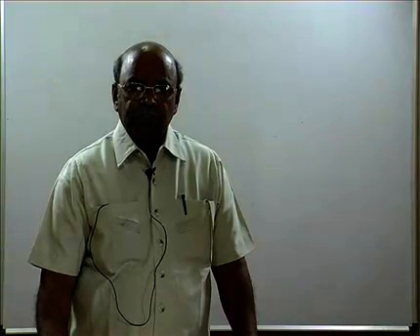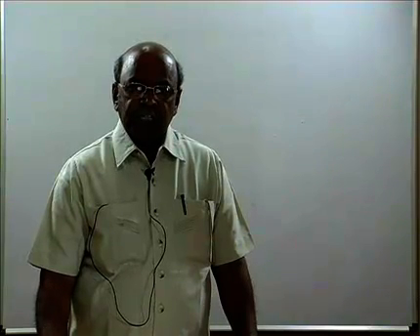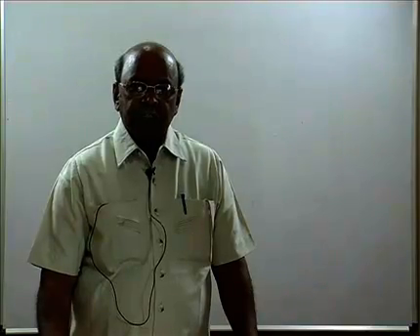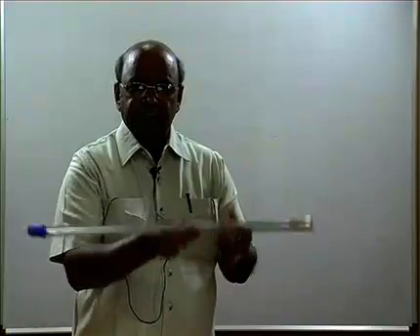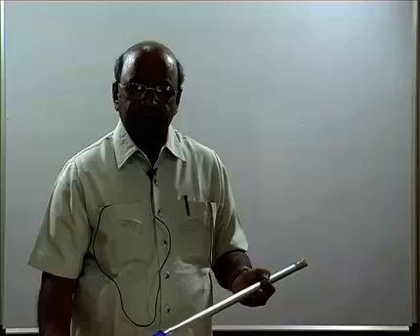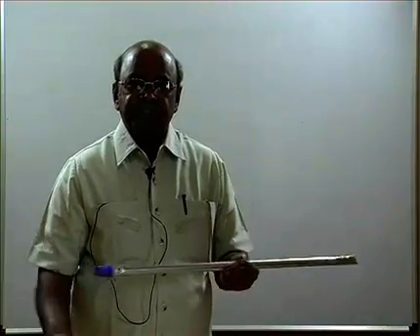So you have to draw the XY line, then draw 2 projectors for the 2 ends of the straight line, and on that you mark whatever may be the height of the straight line above HP in the front view here and here. Since it is parallel to HP, the height of both the points will be the same.